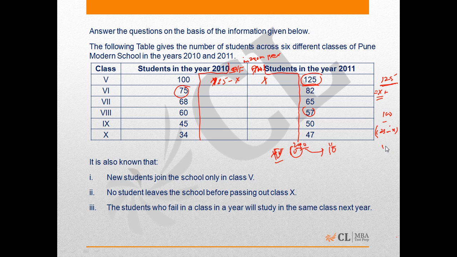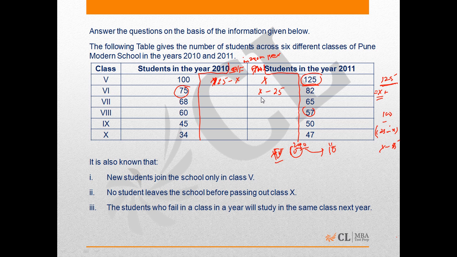This will be X minus 25, which means out of 80 students in class 6th in 2011, X minus 25 students are those who are fresh students, or they have joined the class after clearing class 5th.